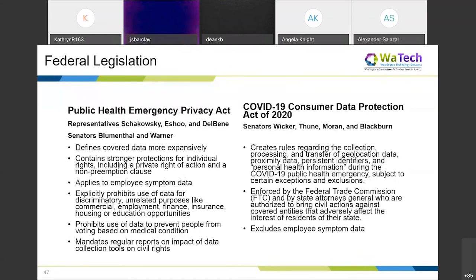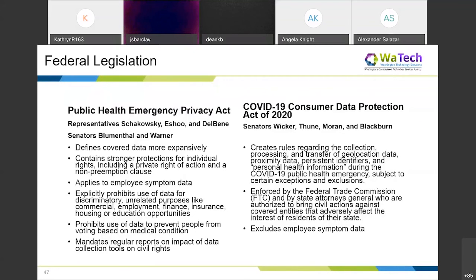The bill includes a private right of action for individuals, and it also includes a non-preemption clause, which means that state laws could actually be more restrictive than the federal law. So those have been some of the sticking points for the Washington Privacy Act, and then also at the federal level in terms of other privacy legislation being considered.